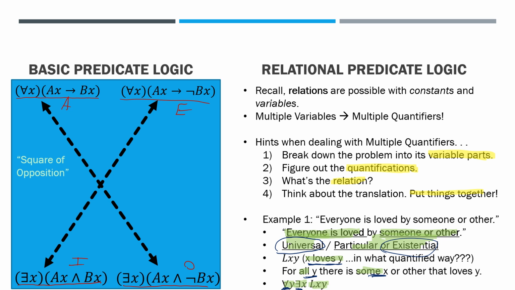And as we noted, we have, again, the universal quantifier with Y and the existential quantifier with X.